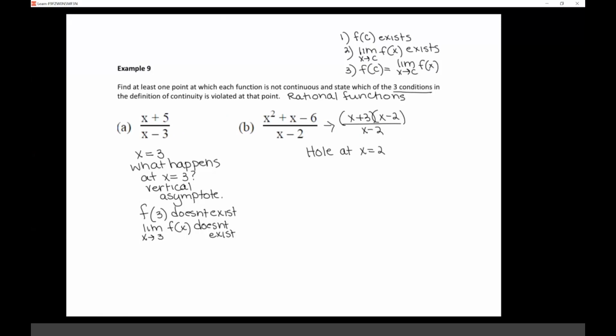At a hole, the limit exists, right? And I can find the limit by plugging in a 2 over here in the part that's left. So this function would be approaching 5, 2 plus 3, when I get close to 2. But f of 2 does not exist.